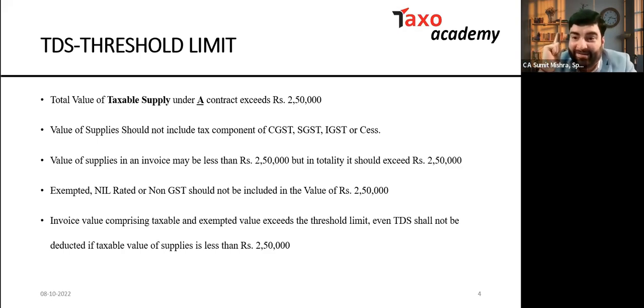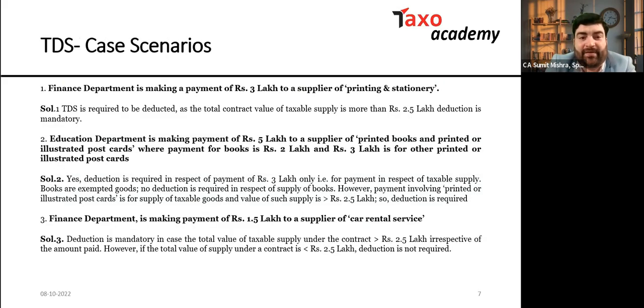Second, whether it is under a contract where the value exceeds 2,50,000. If the condition is satisfied, then you can go outrightly for the deduction of TDS. If the condition is not satisfied, then check if there is any other implication where TDS is applicable. So I've mentioned some illustrations where we can discuss multiple scenarios.